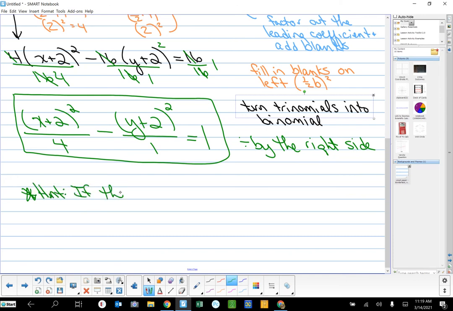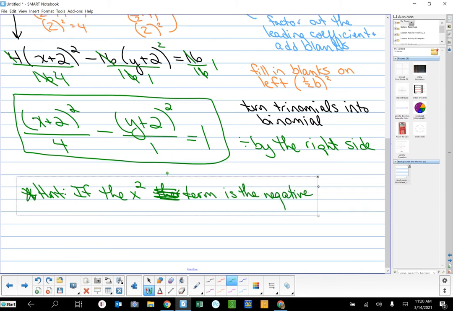If the x squared term is the negative term, put your y grouping first.